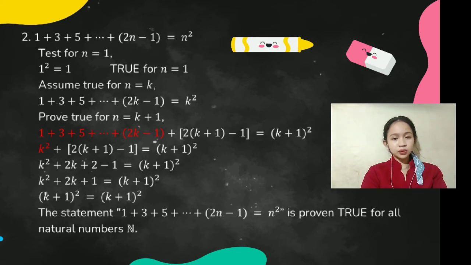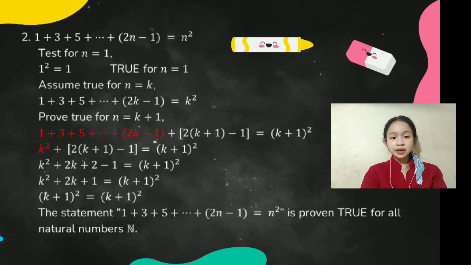And the solution will be 1 plus 3 plus 5 plus dot dot dot plus quantity of 2k minus 1 plus the quantity of 2 times k plus 1 minus 1 equals k plus 1 squared. K squared plus the quantity of 2k plus 1 minus 1 equals the quantity of k plus 1 squared.